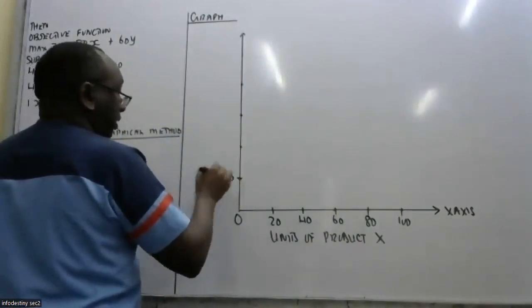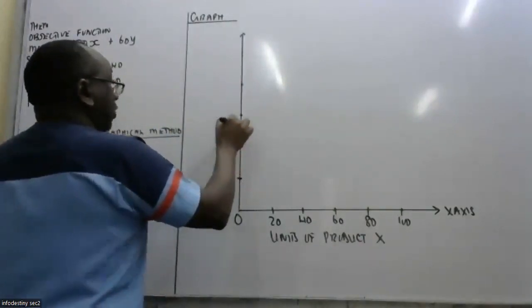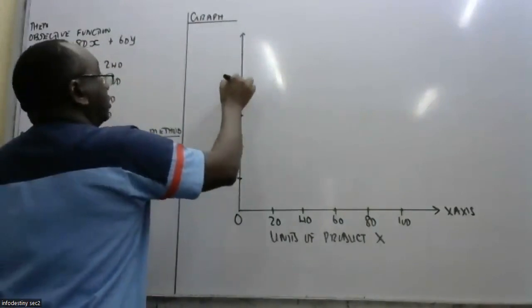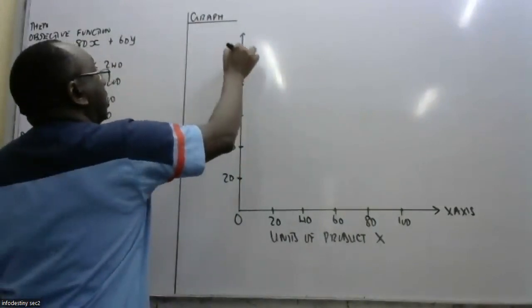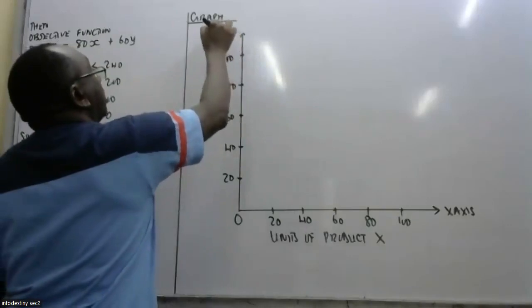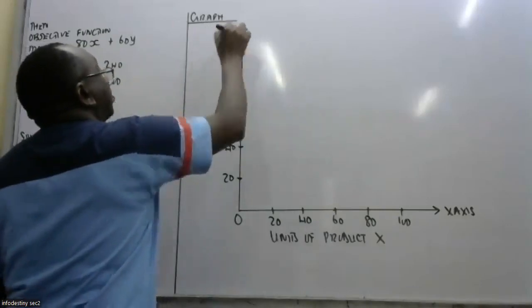This is 20, this is 40, this is 60, this is 80, this is 100, and this is the y-axis.